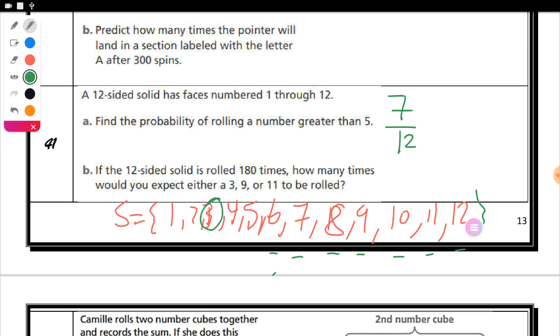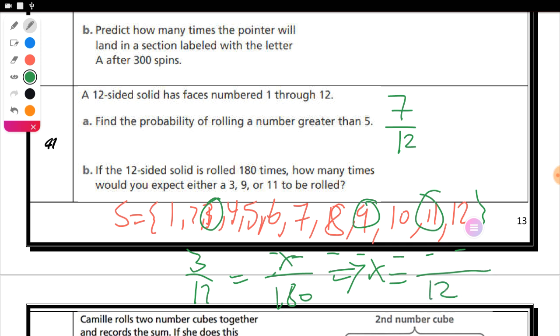So the probability of it equals 3 over 12. You want to predict what should happen if we do it 180 times. So put x here, and x equals 3 divided by 12 times 180.